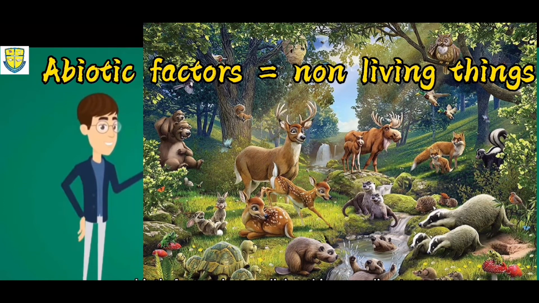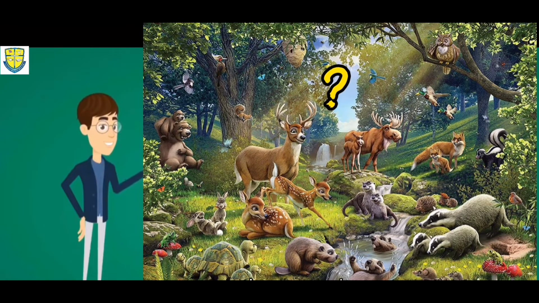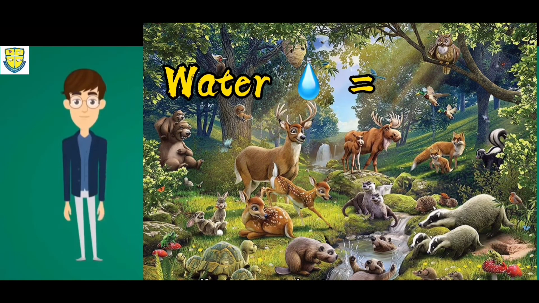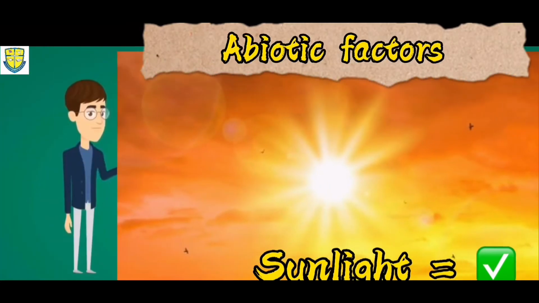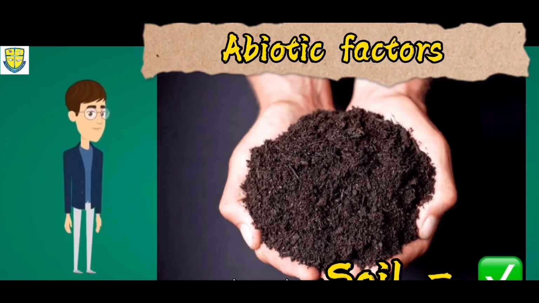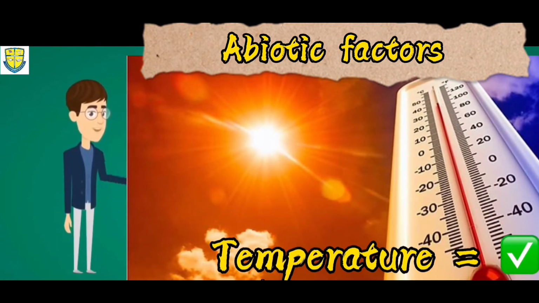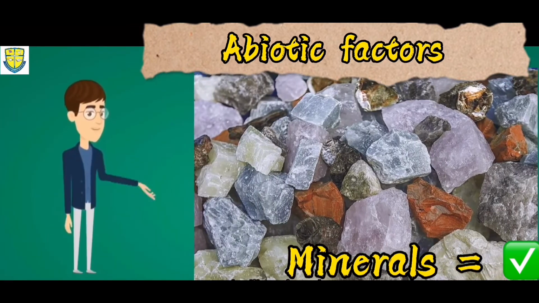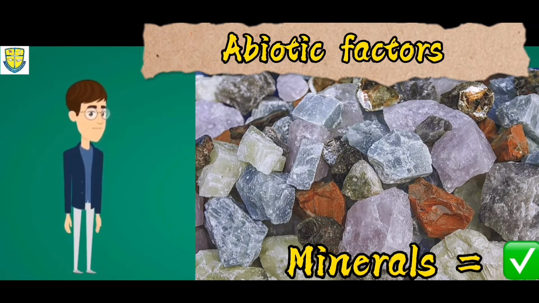Abiotic factors are non-living things or climate. If you answered water, your answer is correct. Other examples are sunlight, soil, temperature, and even rocks like minerals.